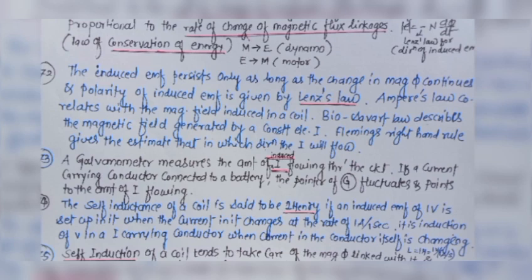Self-induction of a coil tends to maintain the magnetic field linked with it and opposes any change in the flux by inducing a current in it. Therefore, it is called the inertia of electricity.